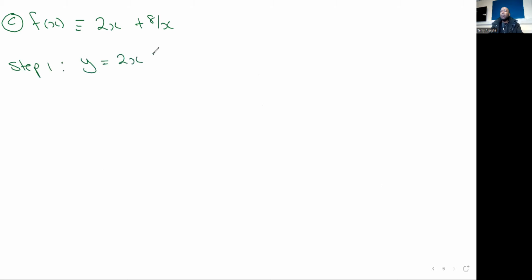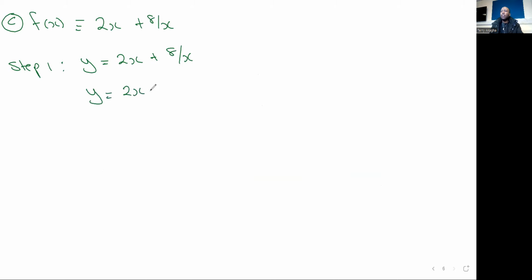The next example. Let's assume we have f of x, and we're told it is 2x plus 8 over x. Now, step one, we have to differentiate it. So y is 2x plus 8 over x. Remember, I told you that you have to put this in index form before you differentiate.